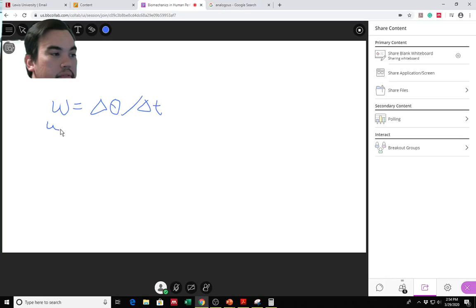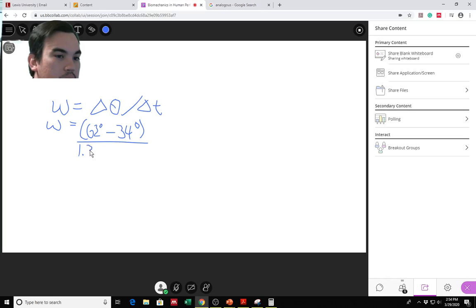So if I have w and it equals, let's say I went from 62 degrees and then I ended up at 34 degrees at this angular velocity here. And then I take that and I'm going to put that over the starting point, which we'll say 1.3 seconds is when I began.